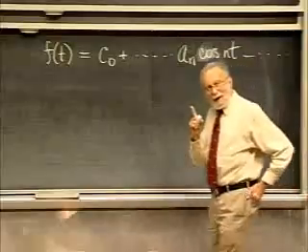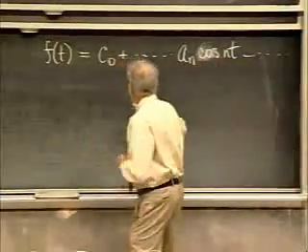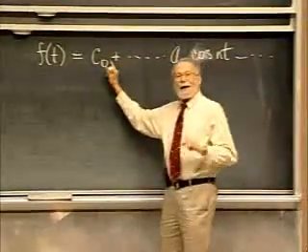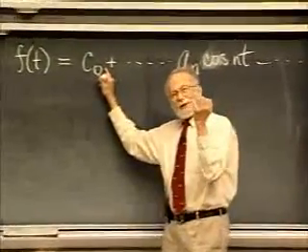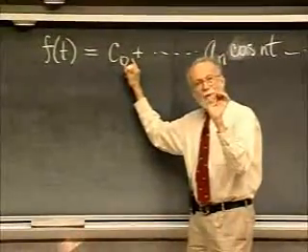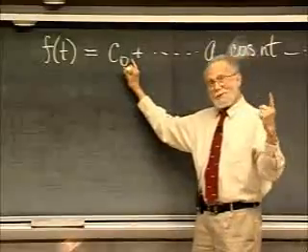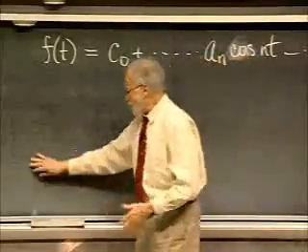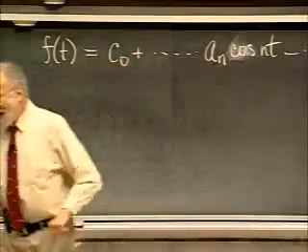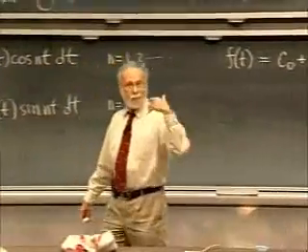How am I going to get that constant term? Well, if you think of this as sort of like a constant times, the reason it's a constant is because it's being multiplied by cosine 0t. Well, cosine 0t is 1, so that suggests I should multiply by 1.